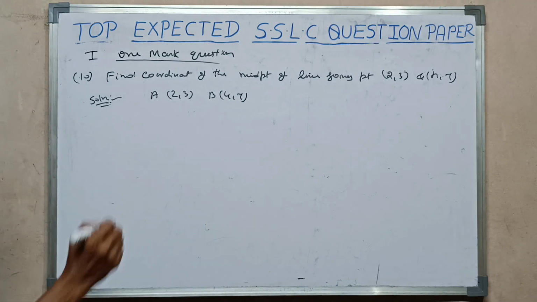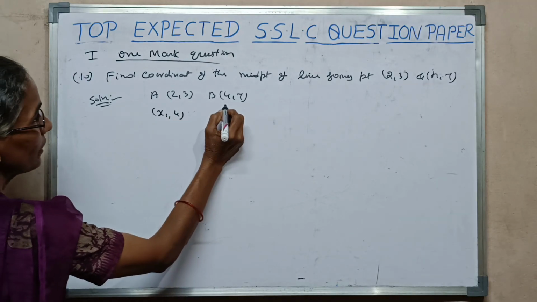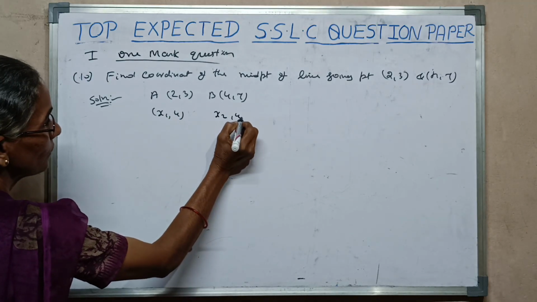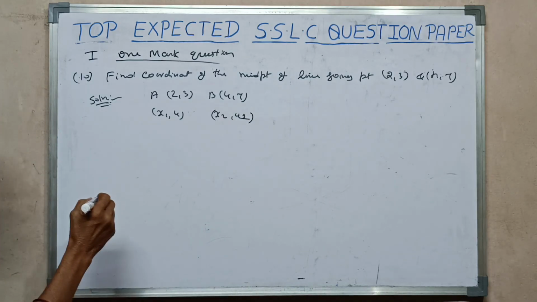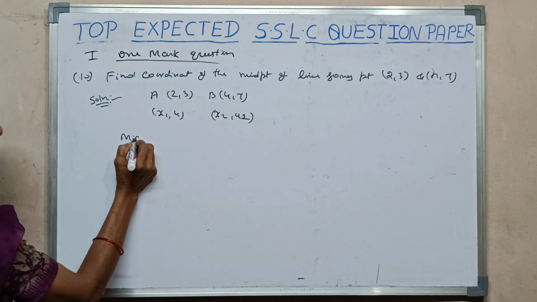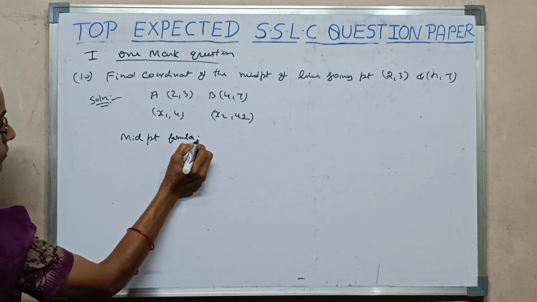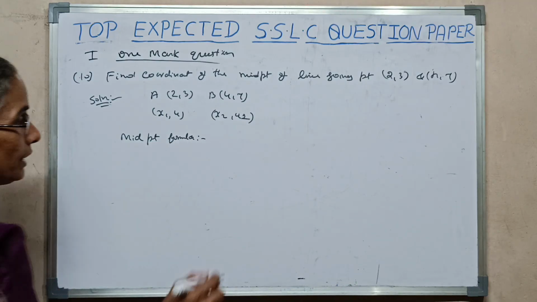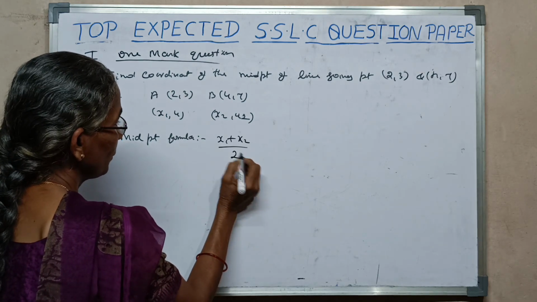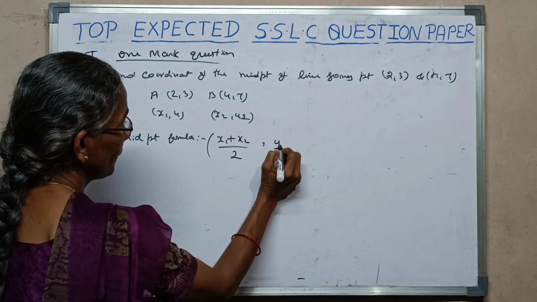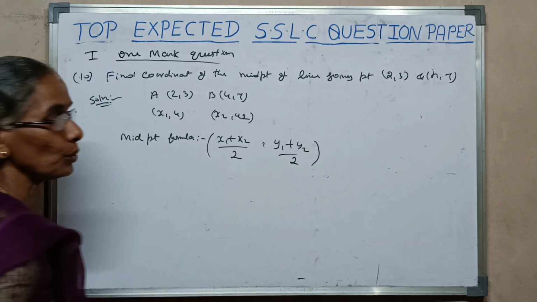So (2, 3) is (x1, y1) and (4, 7) is (x2, y2). The midpoint formula is given by ((x1 plus x2) divided by 2, comma (y1 plus y2) divided by 2).